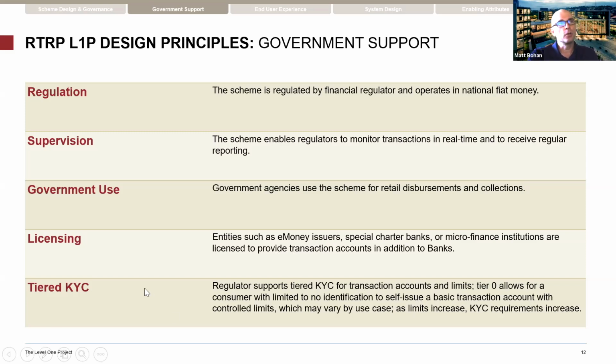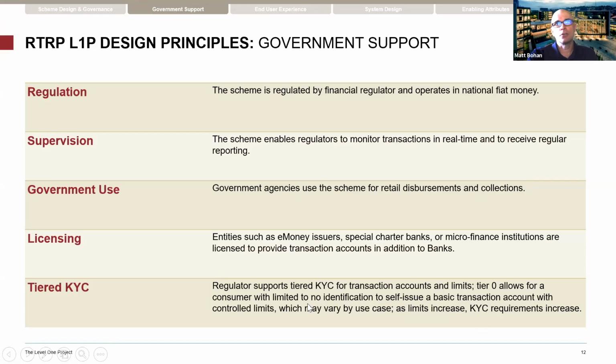And regulatorily, they should support tiered KYC, right? So this is knowing your customer, but at one end of the spectrum, you've got folks who are really just entering the formal financial system, and they might have little to no identification within the system, right?